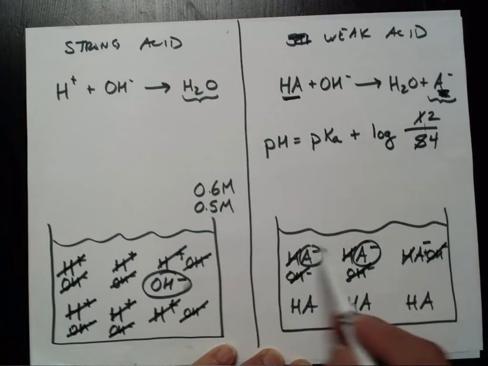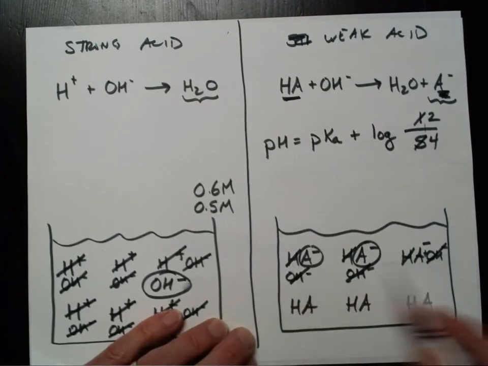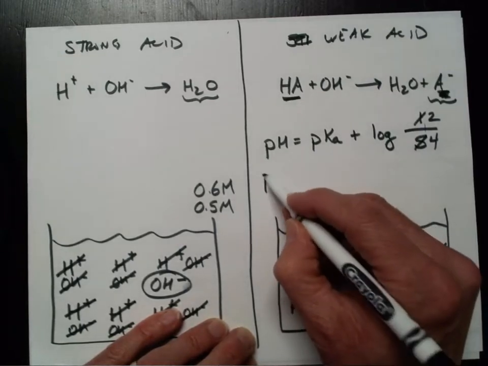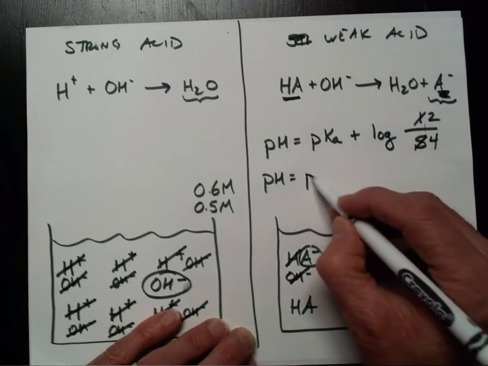So at this point, notice I've added 3 of the hydroxides of the 6 necessary, and this is a special point here. I'm at the half equivalence point. I'm halfway to the point where I've added enough hydroxide to completely react with all the acid. We call this the half equivalence point.